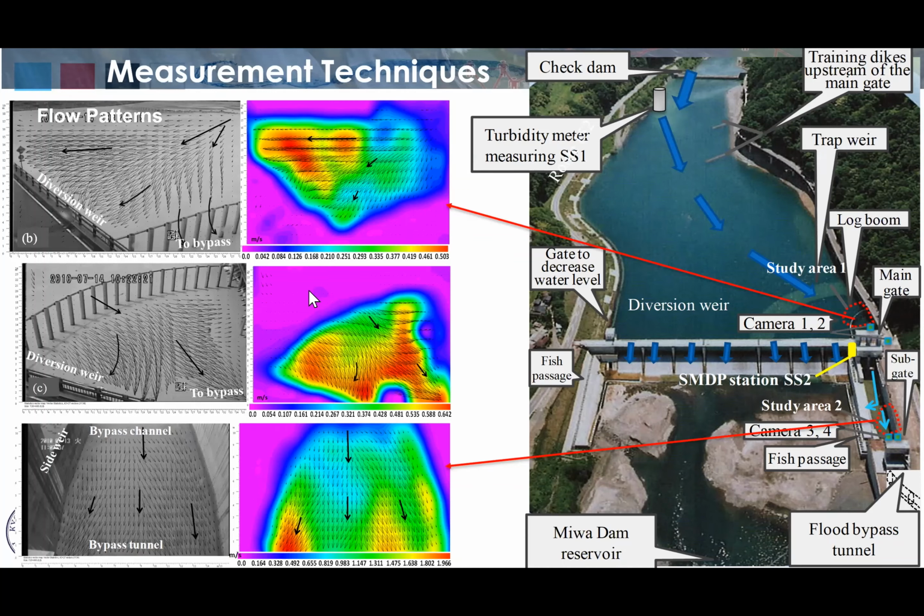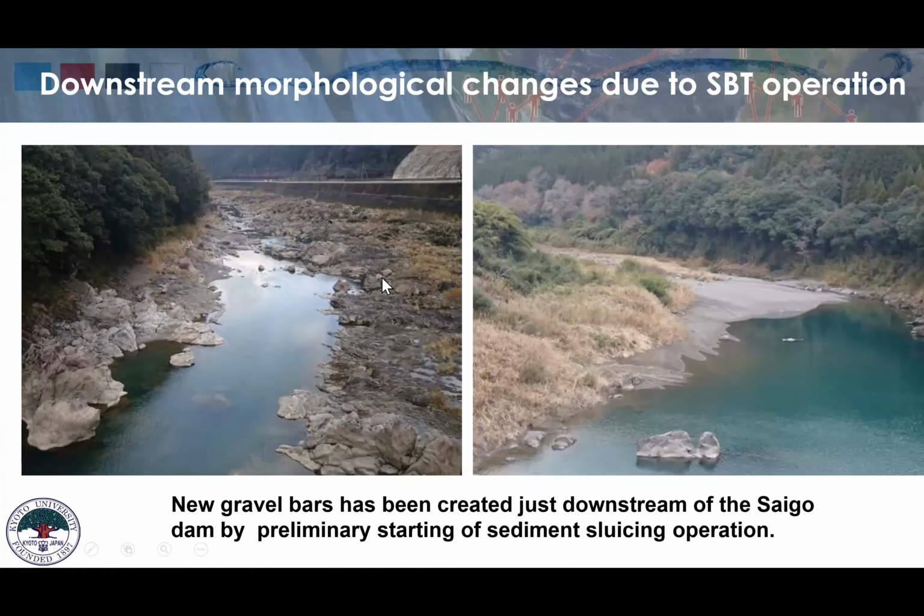And the downstream morphological change, there is very good recovery. You can see this picture before bypass operation and after bypass operation, and a new gravel bar has been created just downstream of the dam, due to the sluicing operation or the sediment bypass operation.